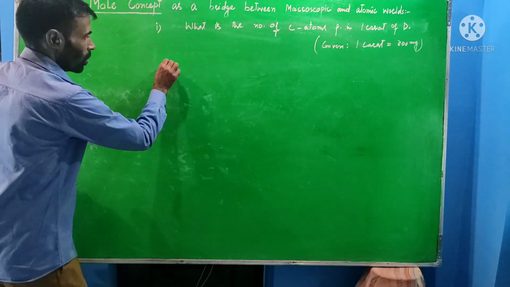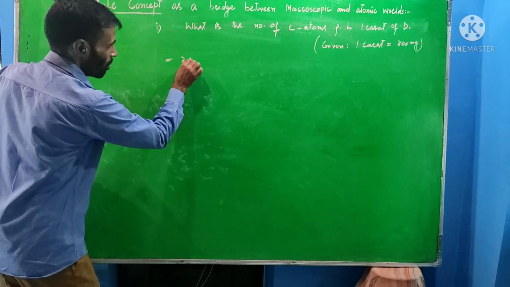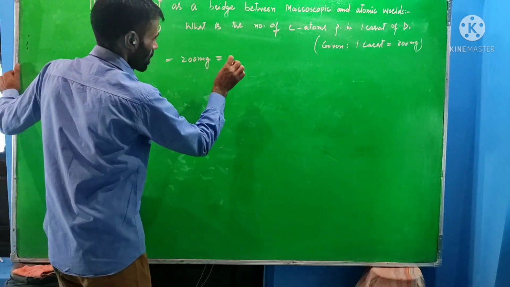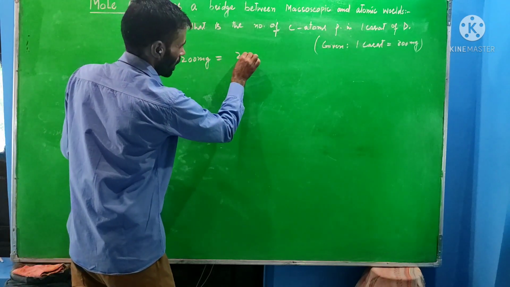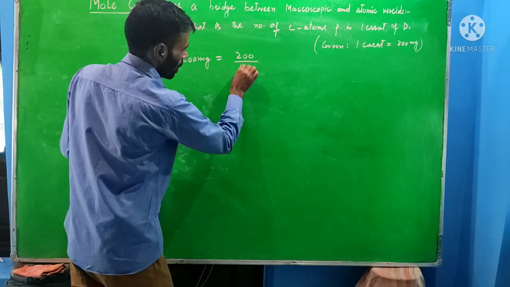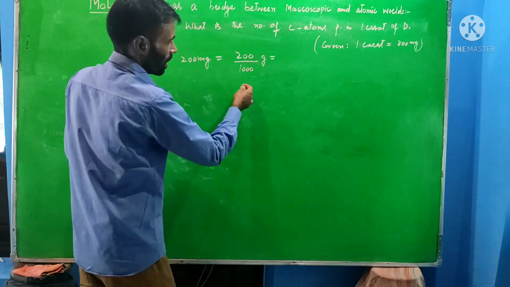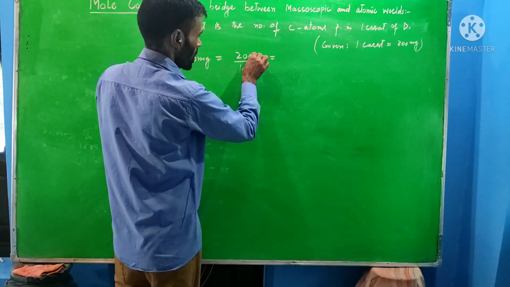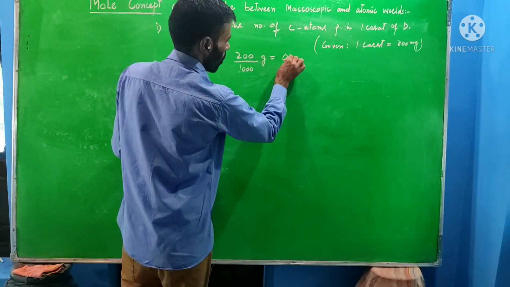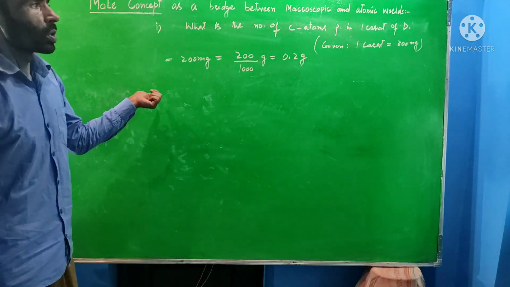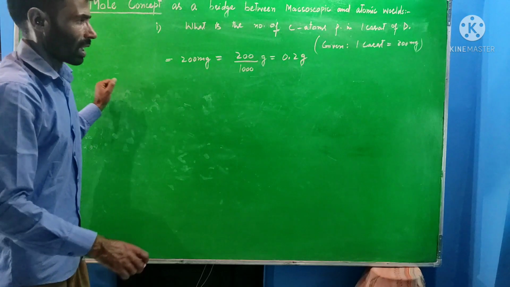First of all, we know 200 mg is equal to 200 divided by 1000 in grams. That is equal to, after 3 decimal places, 0.2 gram. This is the amount of diamond in grams.